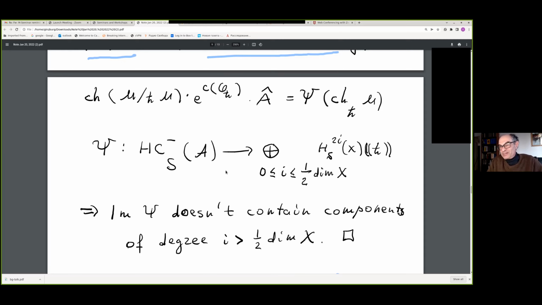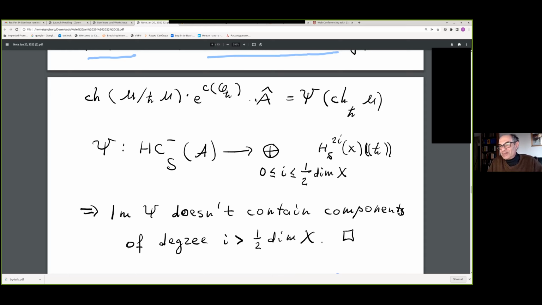In those degrees, there's no negative cyclic homology of the quantum algebra. So psi cannot create anything in those degrees, no matter what happens. And therefore, the left-hand side vanishes in those degrees. And now the terms, the exponential of C and A hat, are invertible because it's a certain expression starting with 1.